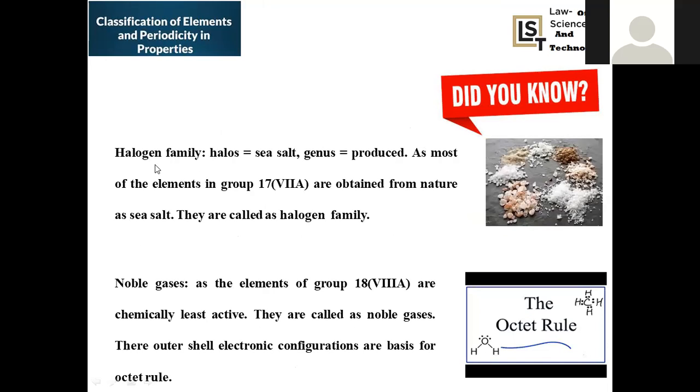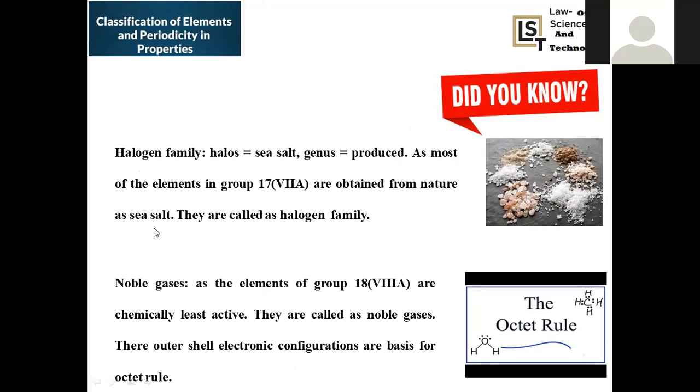And the next is halogen. Halo means the materials which are extracted from the marine region or seashore, and gen means originated or produced, right? When you go with fluorine, bromine, and iodine, all these materials are abundantly available in the marine ocean regions. All these are mostly extracted from sea salts.